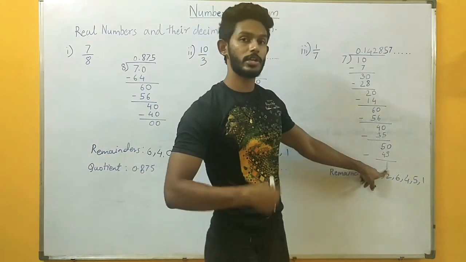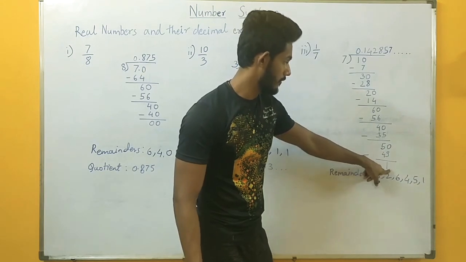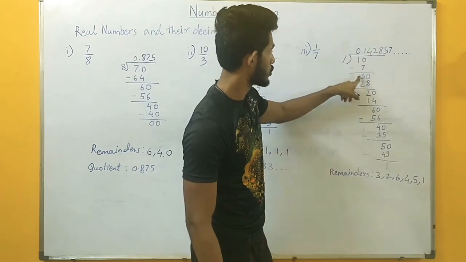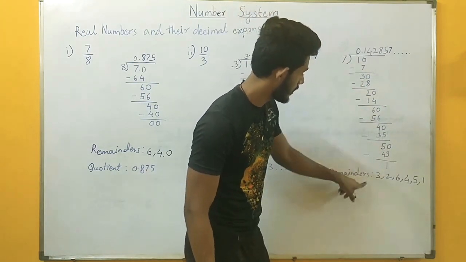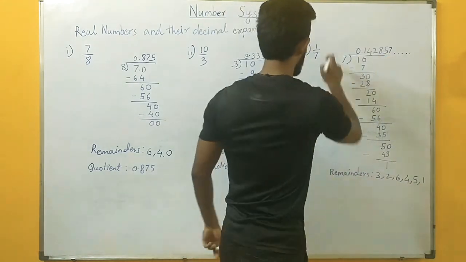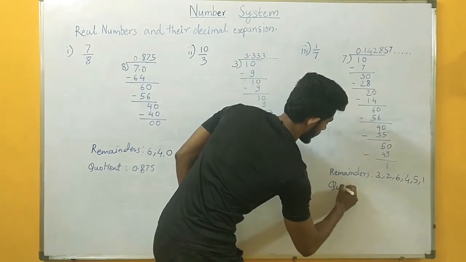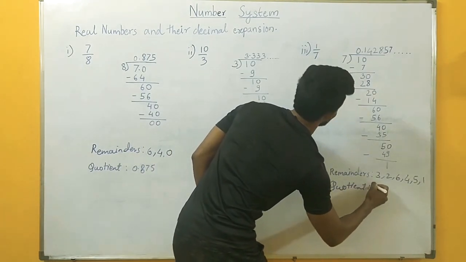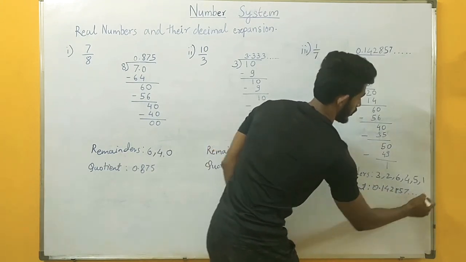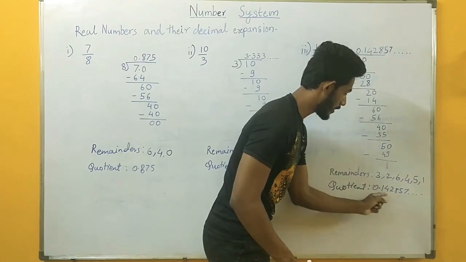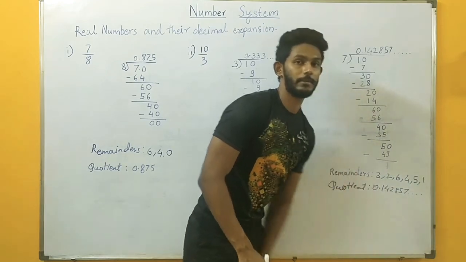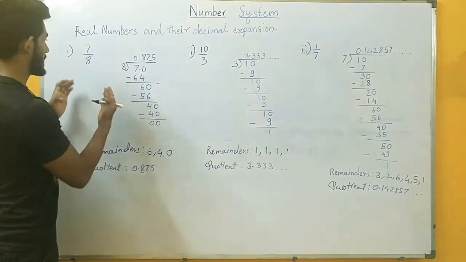So if we proceed further, after this 1, we will take 10 over here, and when we divide this 10 by 7 again, we are going to get the same remainders again and again, and the decimal expansion of this number, that is our quotient, will be 0.142857... So after this 7, these blocks of digits 1, 4, 2, 8 are going to repeat. Now let's focus on this example first.